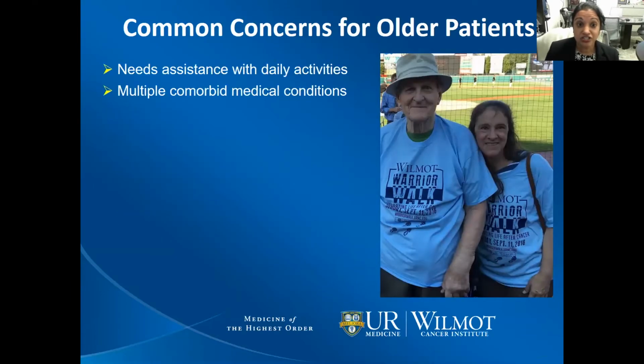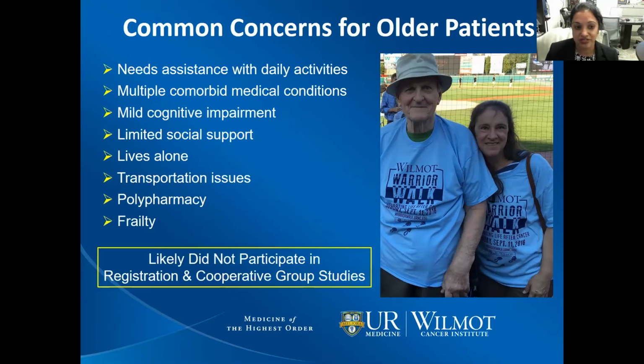In our geriatric oncology clinic at the Wilmot Cancer Institute, we commonly evaluate older patients with cancer. This is one of my patients for whom I really struggled to come up with a comprehensive and evidence-based treatment plan for his rectal cancer. This is who he says is his caregiver. She didn't live with him. This is his daughter, who's a nurse.